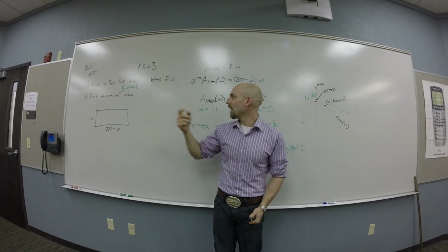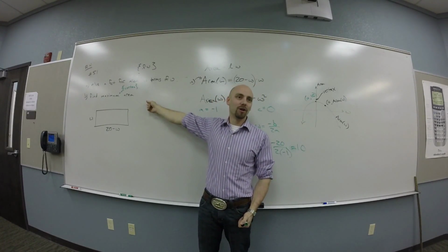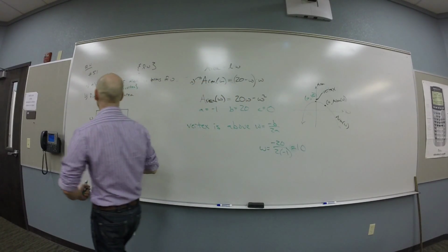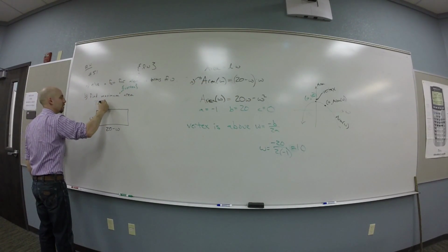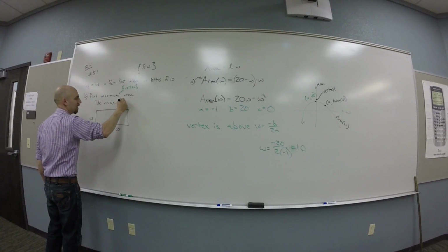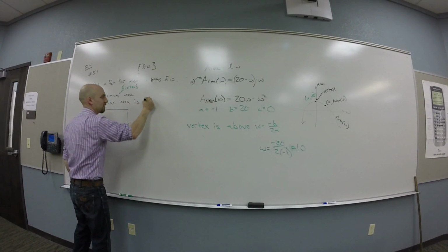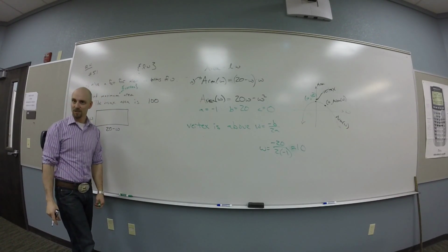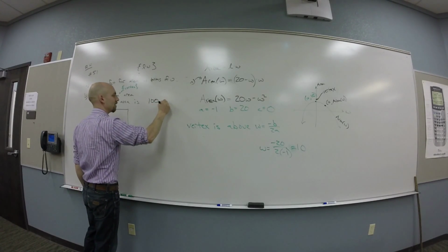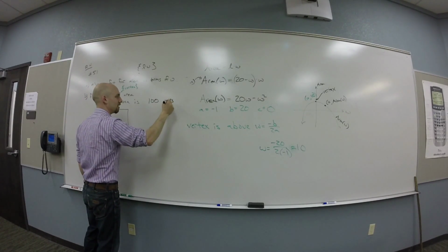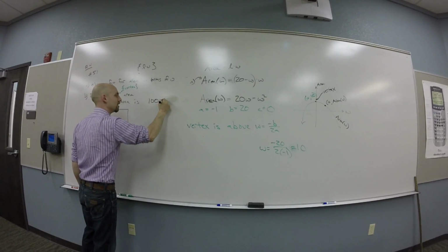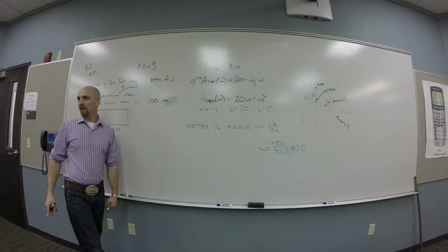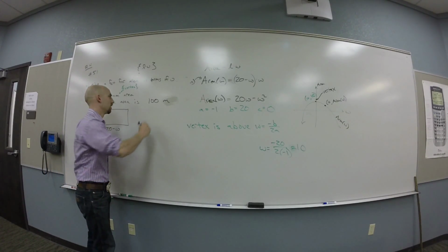And when I want to know about the area, I'm asking about the y coordinate for that vertex. So I just read it off the picture. So I can say the maximum area is 100, and then there are probably some units. So it's meters, and it's an area, 100 meters squared.